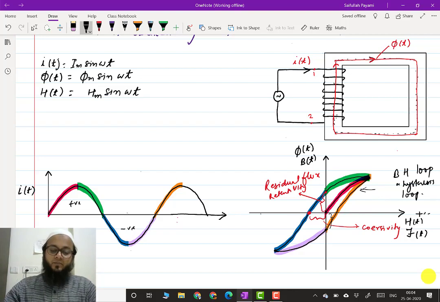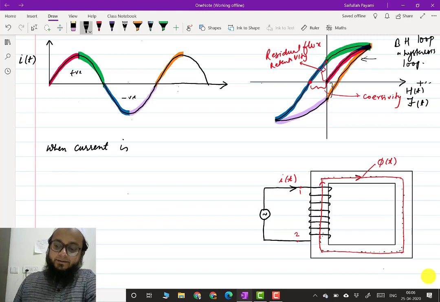Now we will see how the area in this hysteresis loop would be the amount of energy loss in one complete cycle of the current.